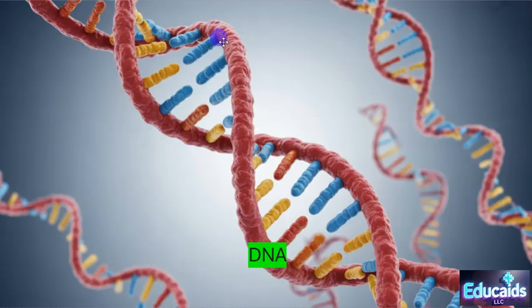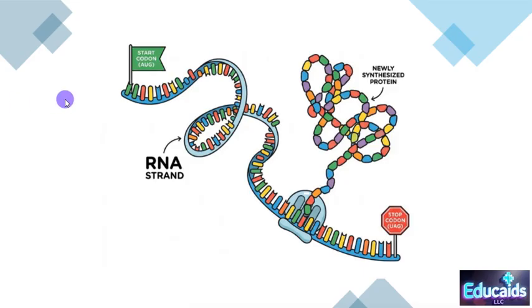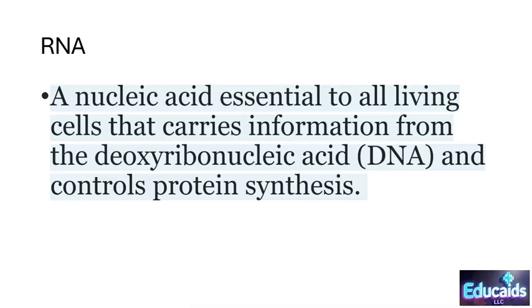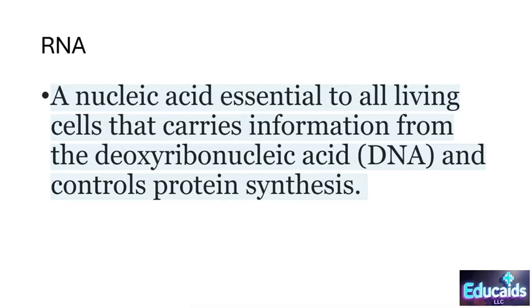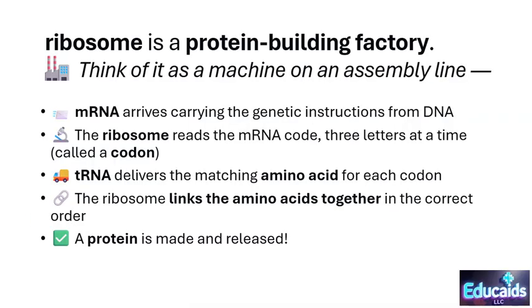And maybe just this little section has the information of what it wants to build for that day. So it has a start codon and a stop codon, and there's our newly synthesized protein. So RNA, a nucleic acid essential for all living cells that carries information from the DNA and controls protein synthesis.